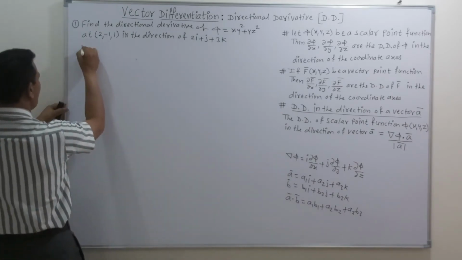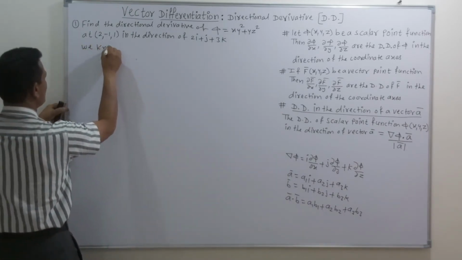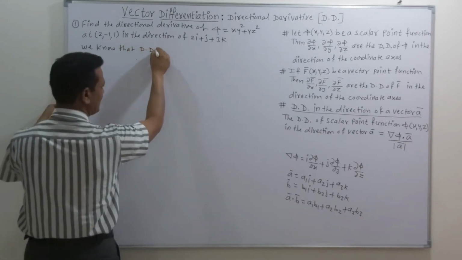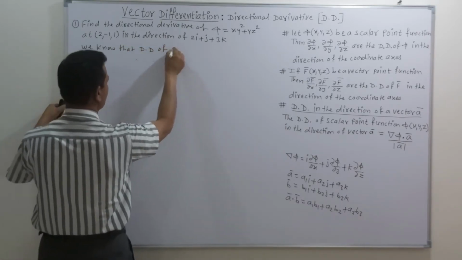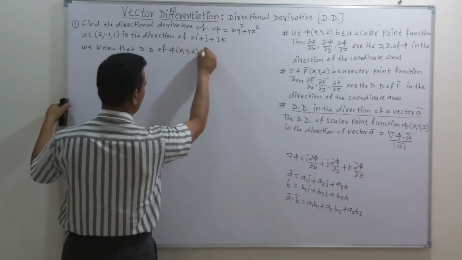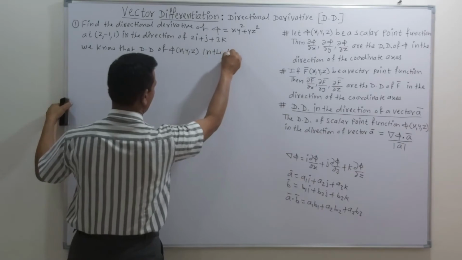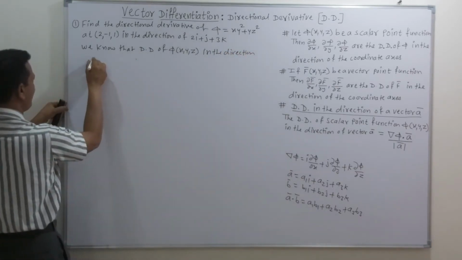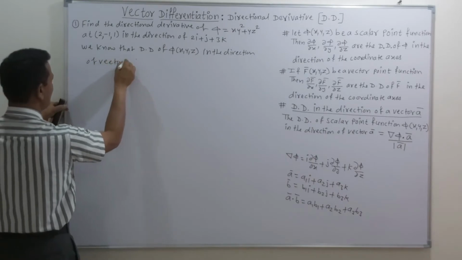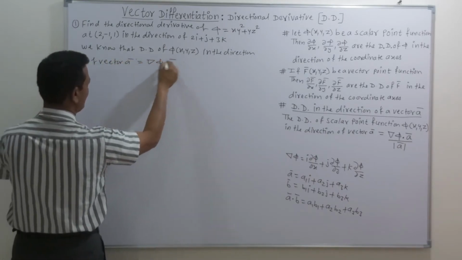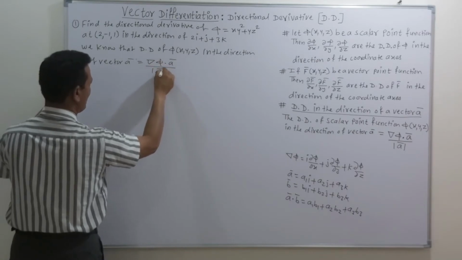We know that the directional derivative of the scalar point function phi of x, y, z in the direction of vector A bar is defined as del phi dot product with A bar upon the magnitude of A bar.